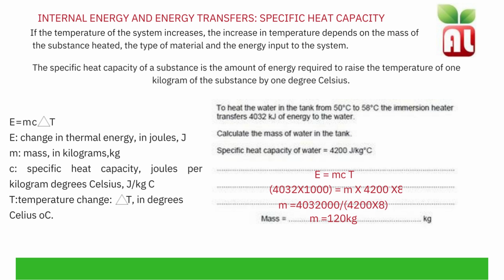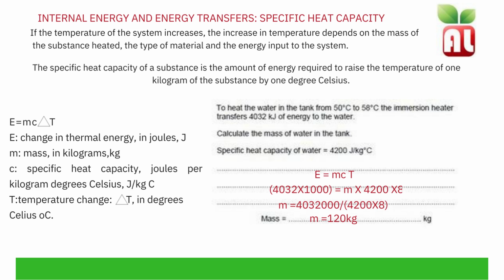The first thing to note are units. The units of specific heat capacity are in joules per kilogram degrees Celsius, but the energy is given in kilojoules. These two units need to be consistent. Therefore, convert the kilojoules into joules by multiplying by 1,000.